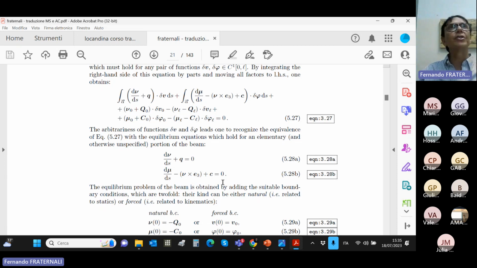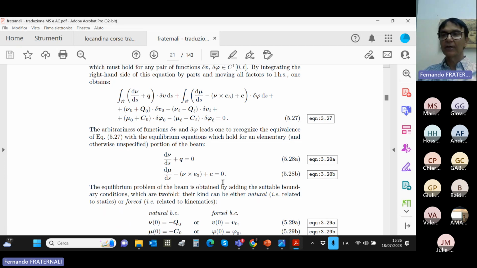The differential equations in vector form of the curved beam are exactly the same as those of the straight beam. So we have the classical differential equilibrium equation, d nu over ds plus q equal to 0, which is the translational equilibrium equation. And nu is the stress resultant.